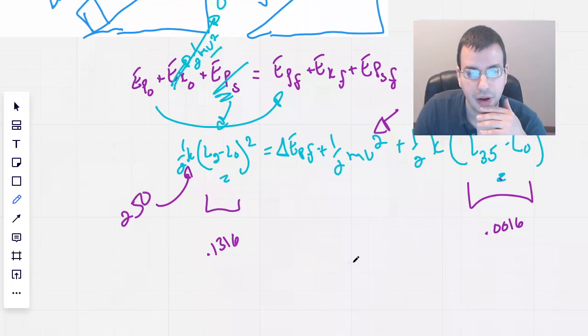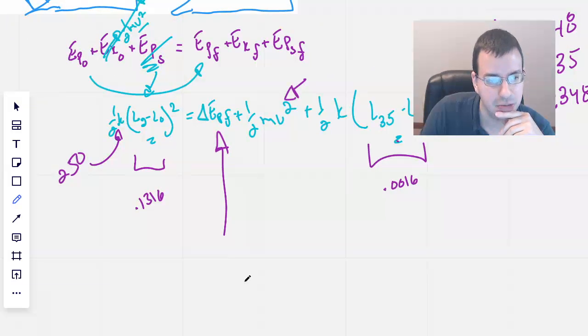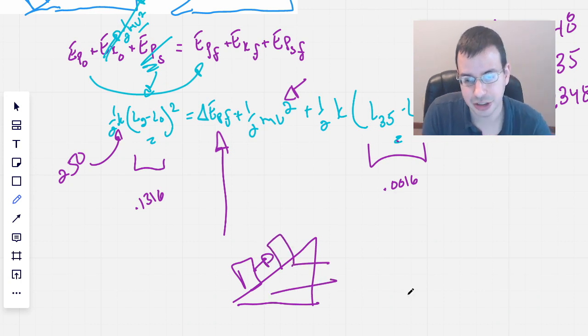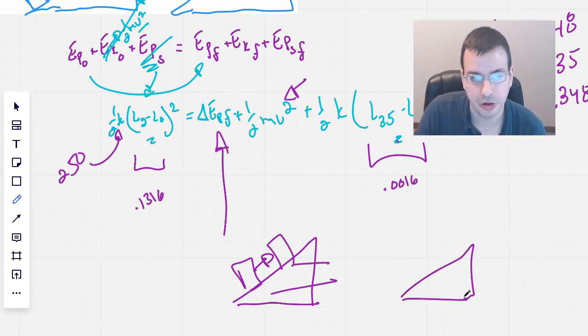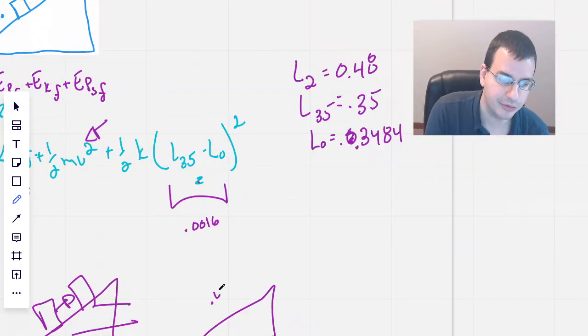And we need to find this portion right here. I know, super messy. I should be more organized. So energy potential is how far up the block has moved from one spot to another. And so if we redraw this as a triangle, this triangle will have a length of 0.48 minus 0.35.